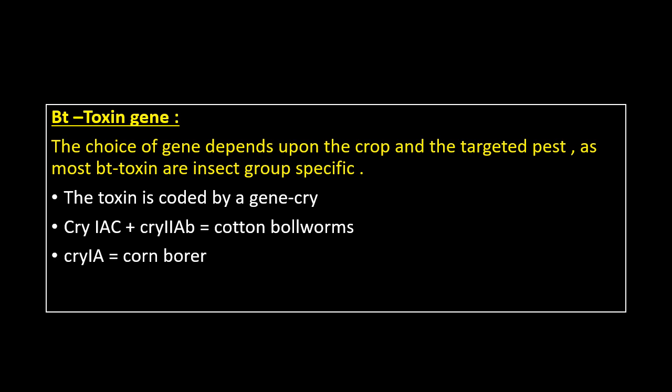Before I discuss what Bt cotton is, first I will discuss the Bt toxin. The Bt toxin gene is coded by cry genes. Cry1Ac and Cry2Ab control cotton bollworms, and Cry1Ab controls corn borer.